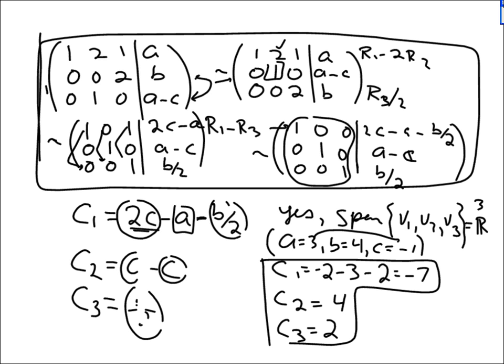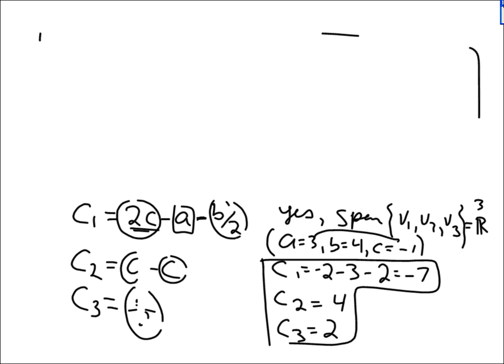It will work unless I made a silly error in reducing. But if I didn't make an error, then everything's going to work out fine. Remember, C1 V1 plus C2 V2 plus C3 V3 should give me any A, B, C.